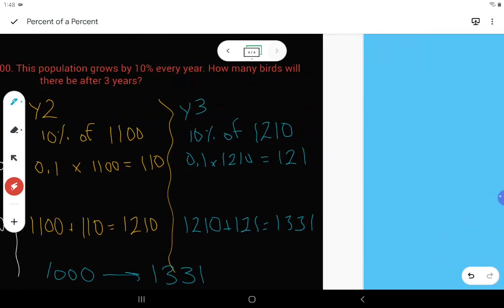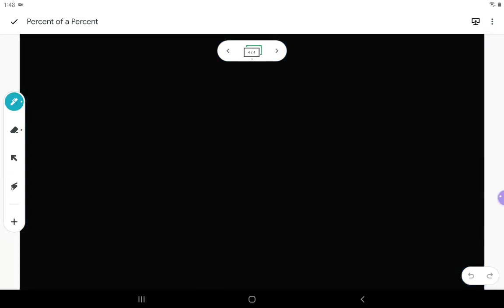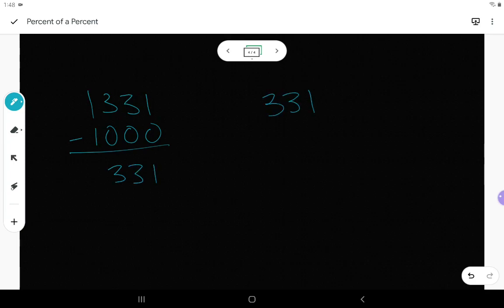So if we had 1,331 birds by the end of year 3, we started with 1,000. That means we had 331 new birds. 331 new birds compared to our total of 1,000, when we change that into a decimal, is 0.331.